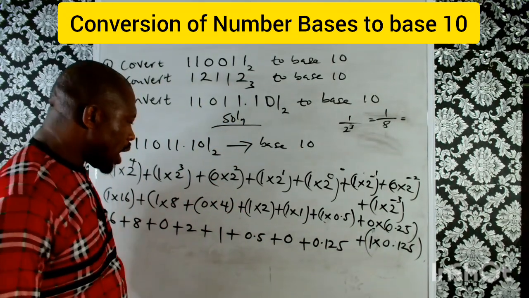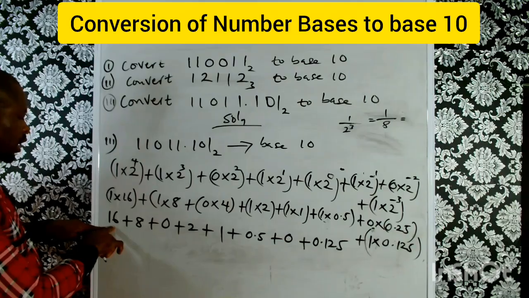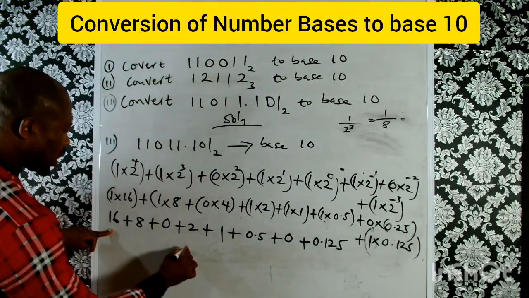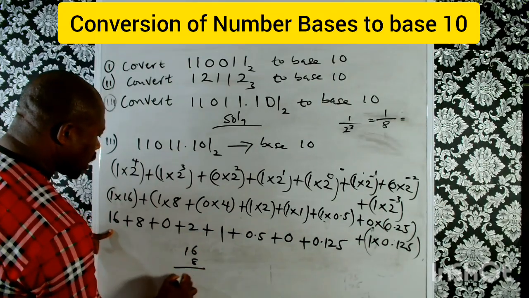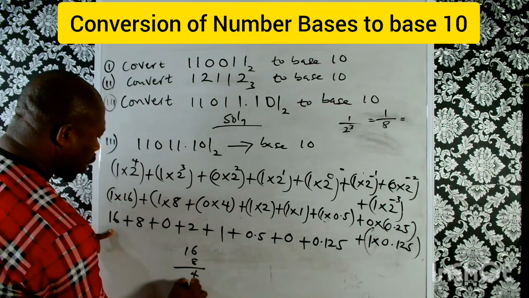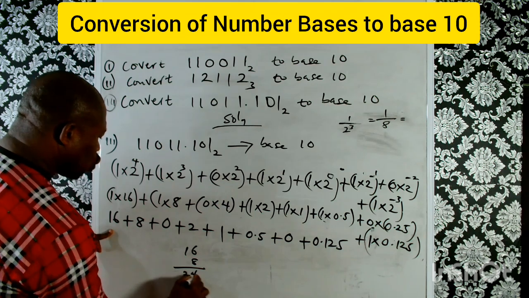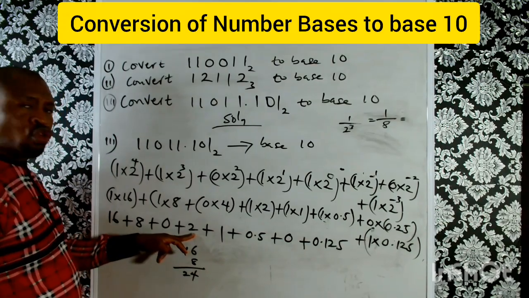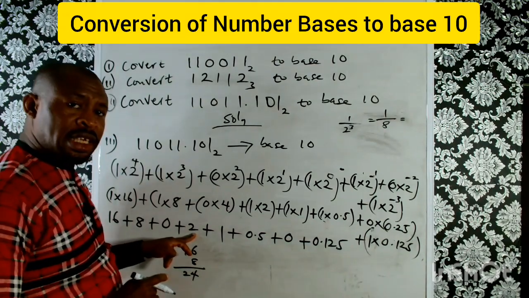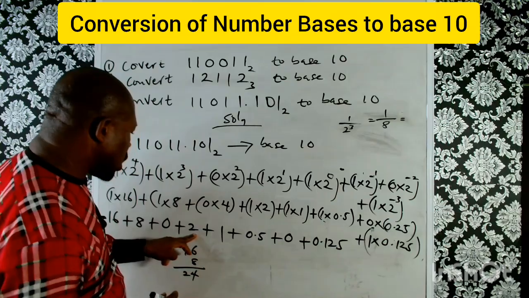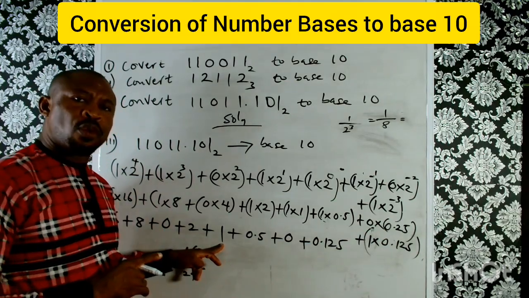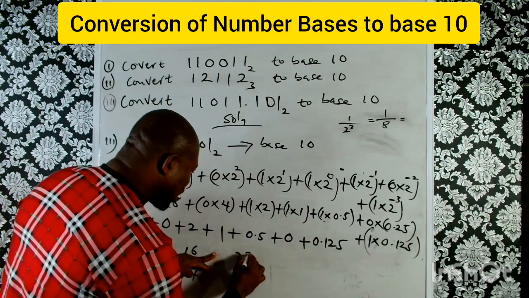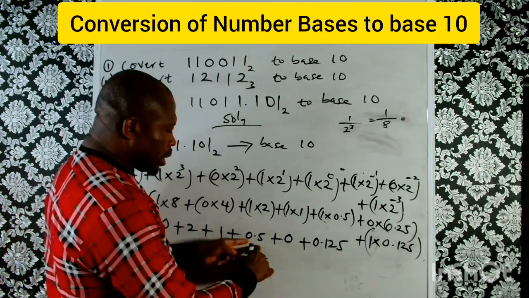Now, how do we add them? 16 plus 8 will give us 24. Now, 24 plus 2 will give us 26. 26 plus 1 will give us 27. Now we have 27 plus this side.